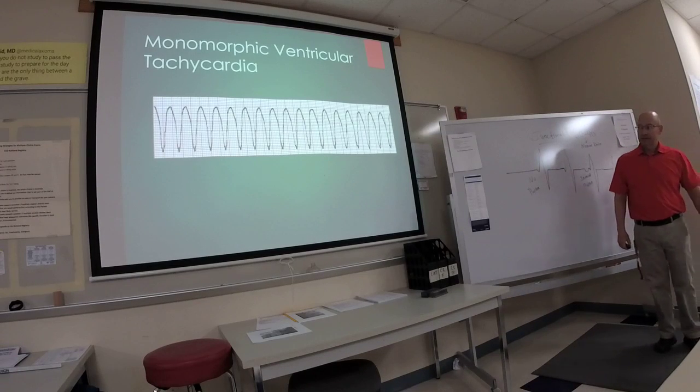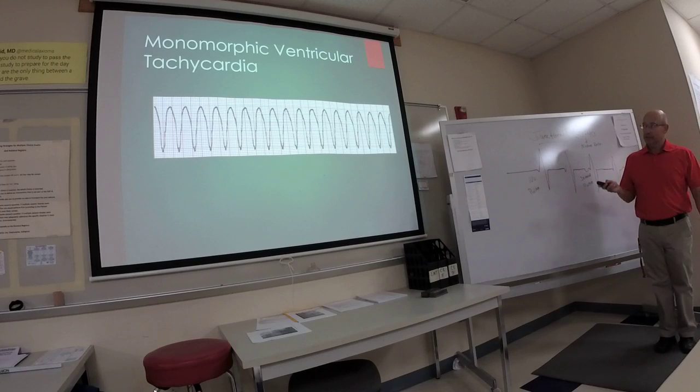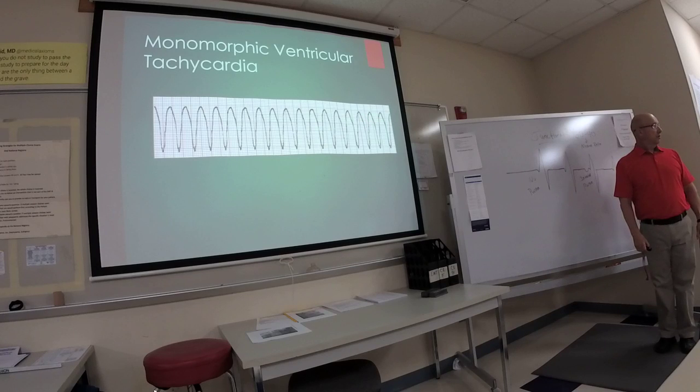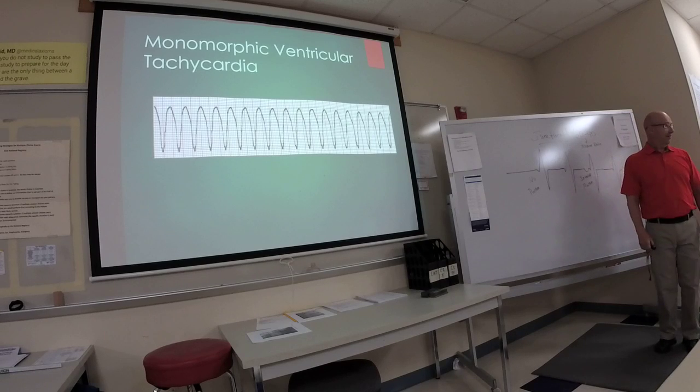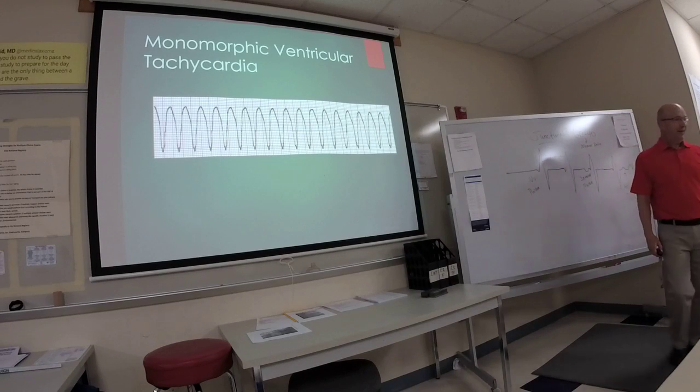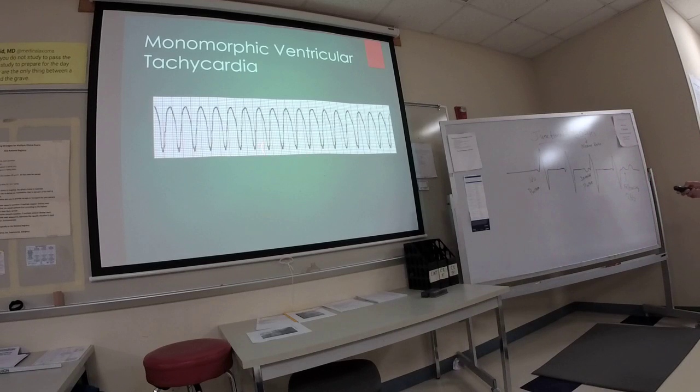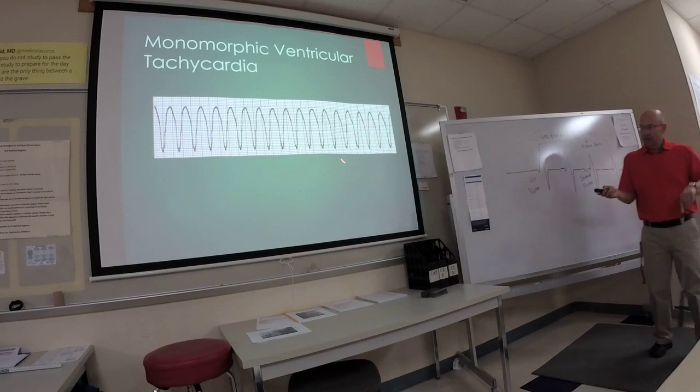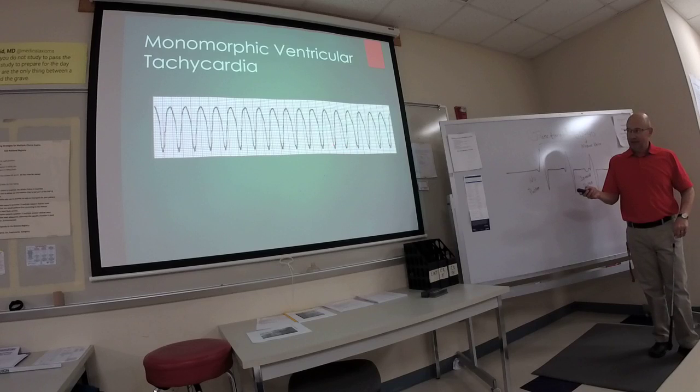VTAC, easy to remember, okay? You look at that, what's that rate? 170. 200 maybe. I counted it. Oh, you count on your pack? Okay. I was like, hey, man, you're fast. 190, okay. 190, right? There's no P waves because if there was a P wave, it might be crammed down in here, but it's ventricular in nature.